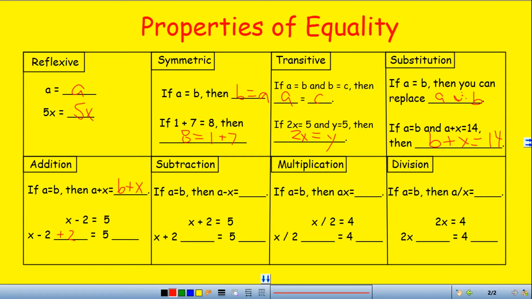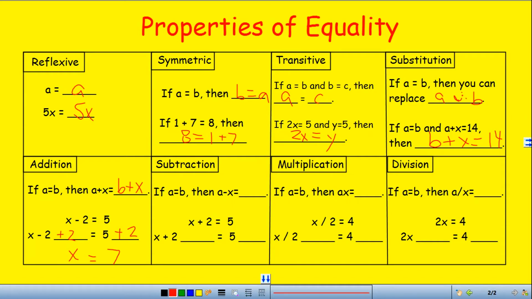But what I do to one side, I must do to the other side. And with the addition property of equality, it makes it legal. So now I have x minus 2 plus 2, which cancels out, leaving me with x equals 5 plus 2 is 7.